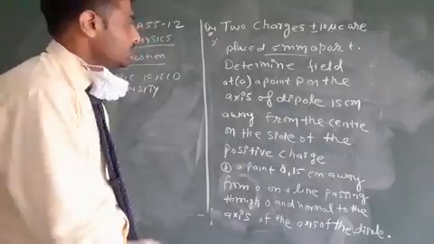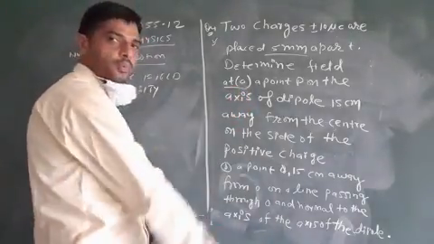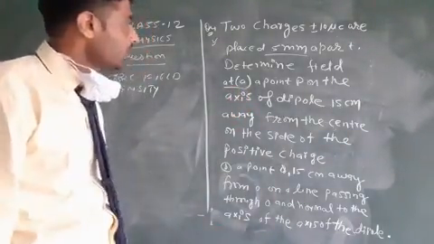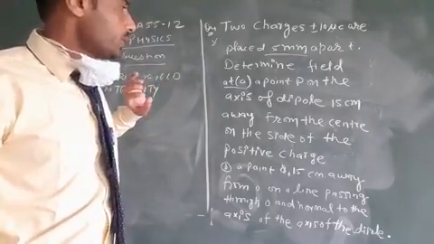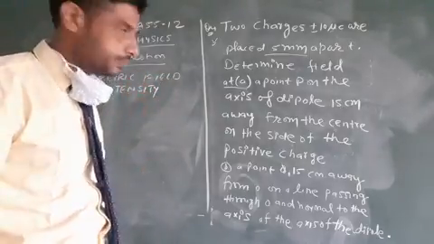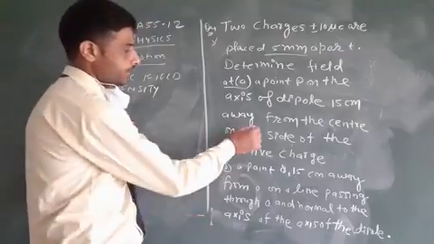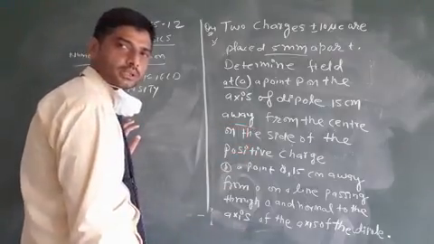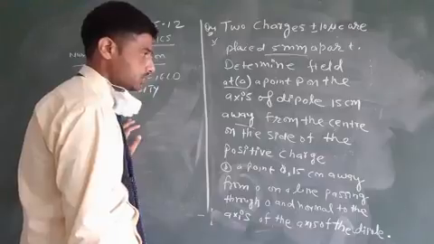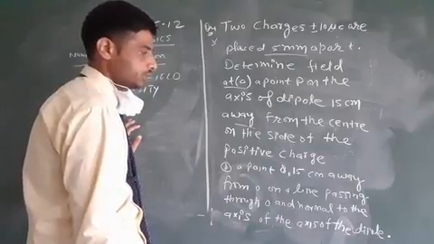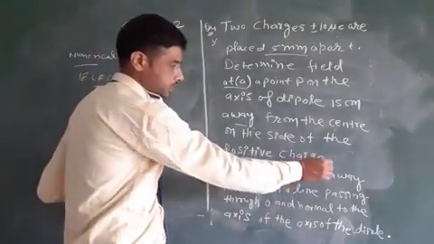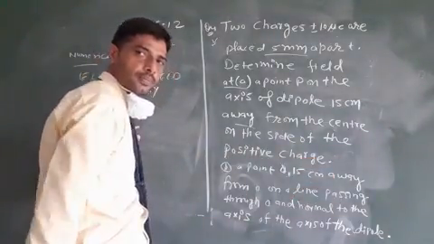There are two parts in this question. A point P on the axis of the dipole, 15 centimeters away from the center, on the side of the positive charge. This is the first question.